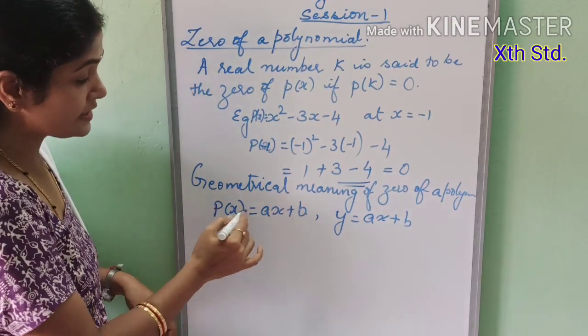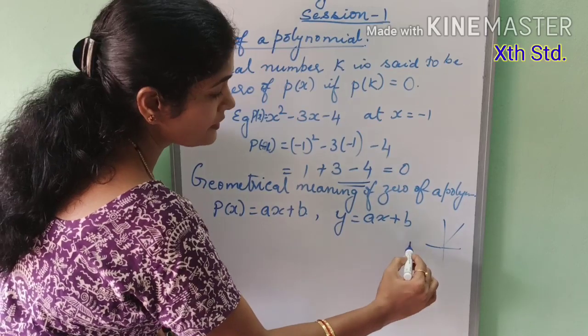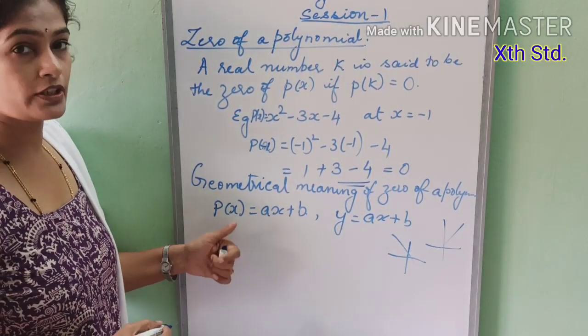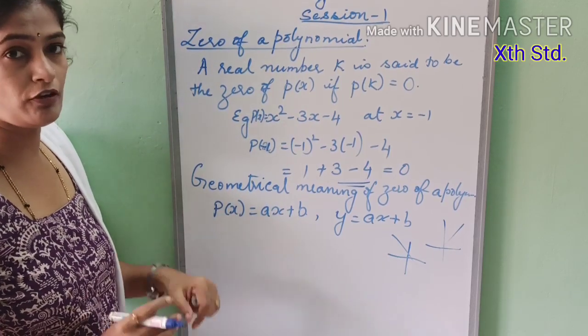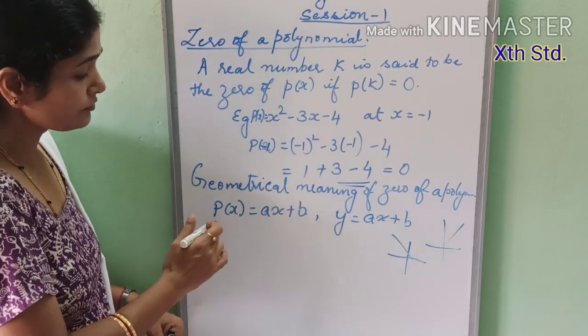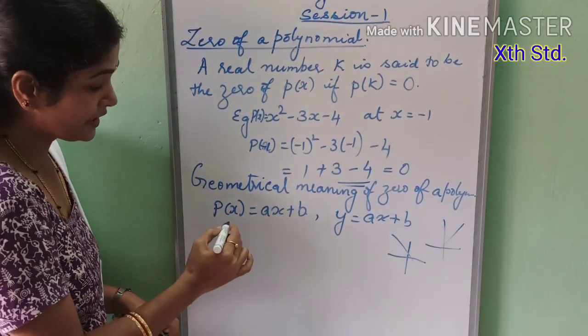The graph may look like this, or it may be the other way, depending upon the equation given to you. But it will intersect the x-axis exactly at one point. That has to be noted.